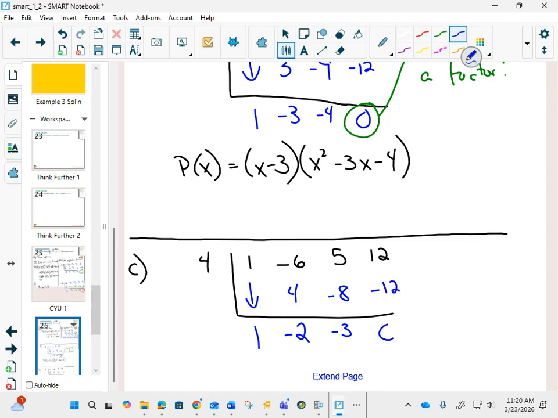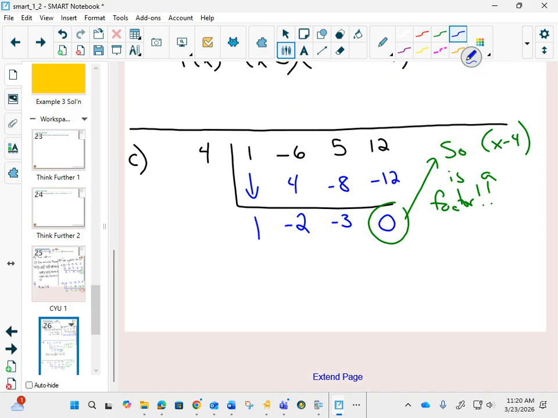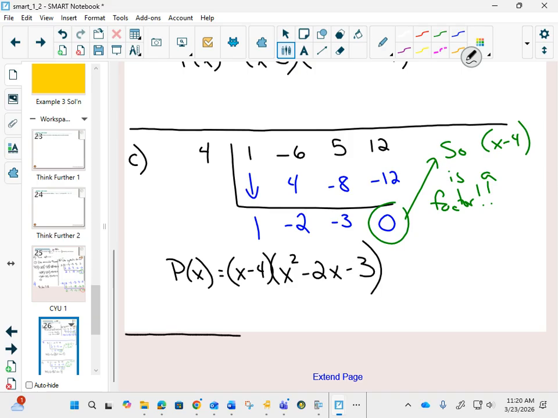Multiply and add. And once again, we get a remainder of 0. So x minus 4 is also a factor. I can write my division statement. X minus 4 times x squared minus 2x minus 3. Leave space for one more line.